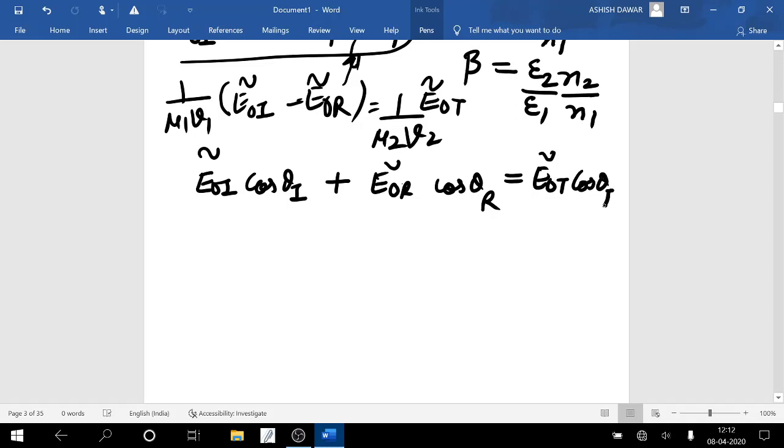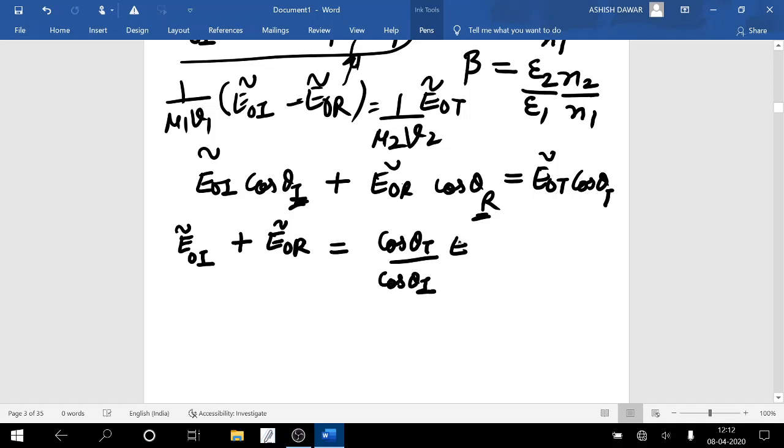As theta I equals theta R, cos theta I also equals cos theta R. So E0i plus E0r equals cos theta t upon cos theta I times E0t. Let cos theta t upon cos theta I equal alpha.